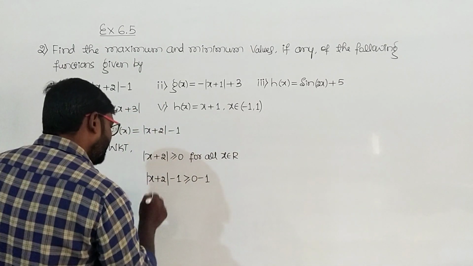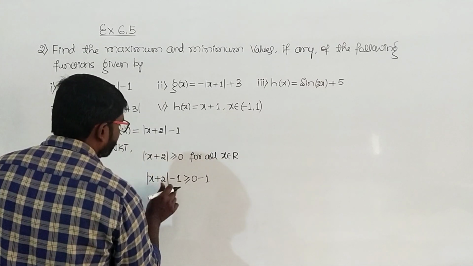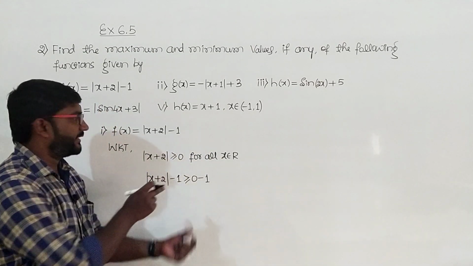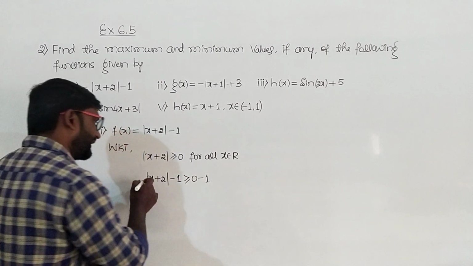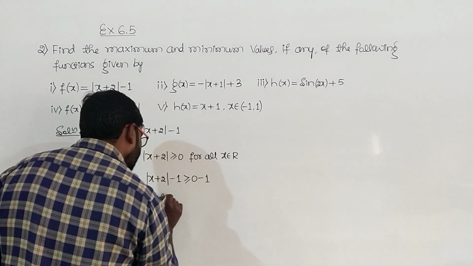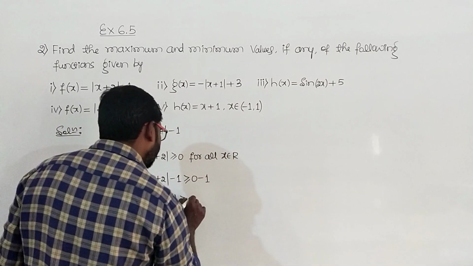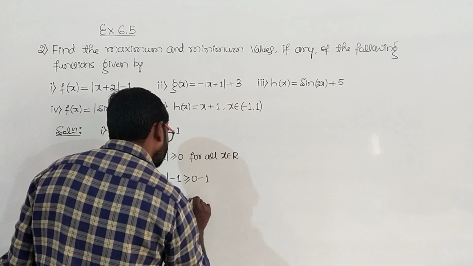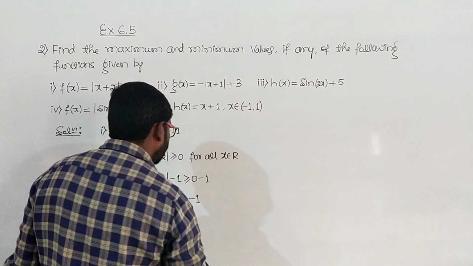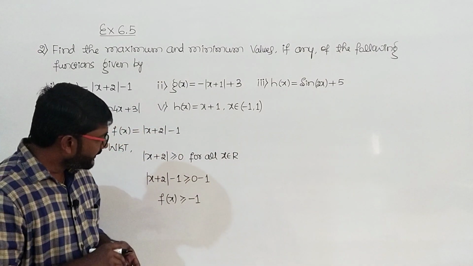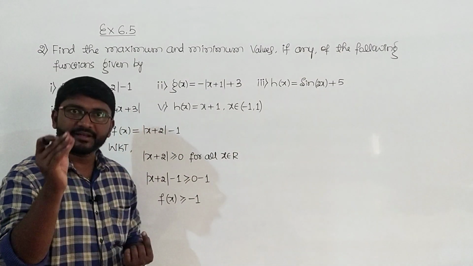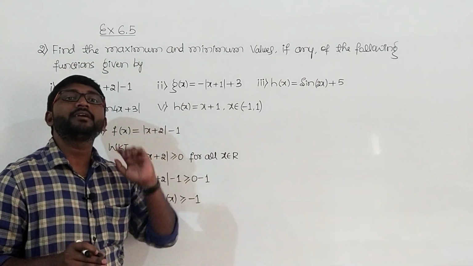And now what is this? This is nothing but f of x. I can write this as f of x greater than or equal to 0 minus 1, it is minus 1. See here, f of x can have minus 1 and greater than minus 1.